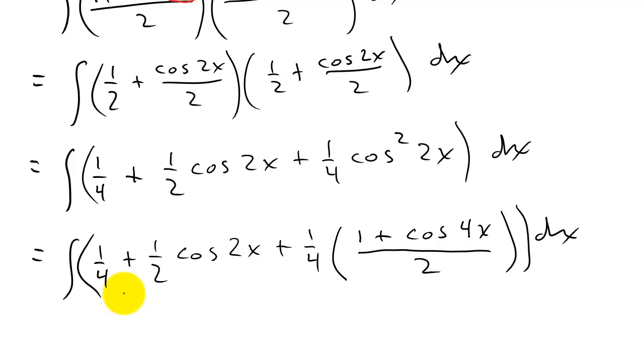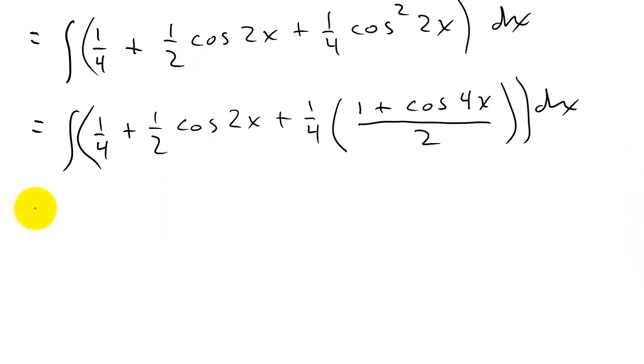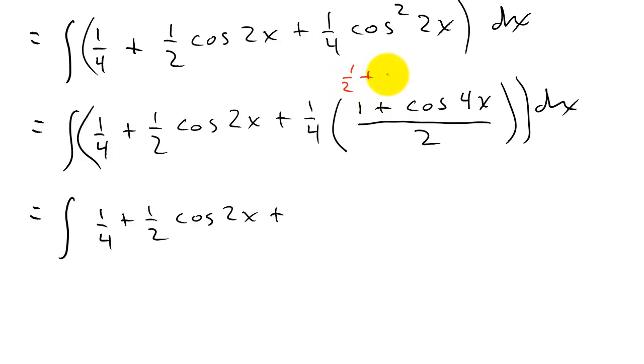Alright, so let's clean this up a little bit so we can integrate it. So here I have 1/4 plus 1/2 cosine 2x plus, and then I'm going to distribute the 1/4. And just remember, this can be written as 1/2 plus cosine 4x over 2.